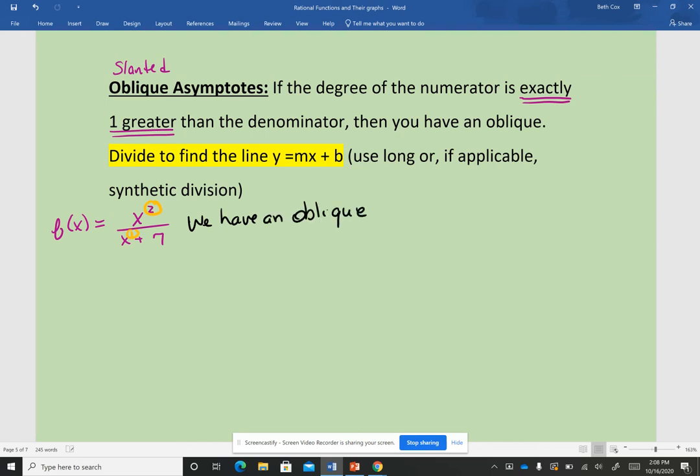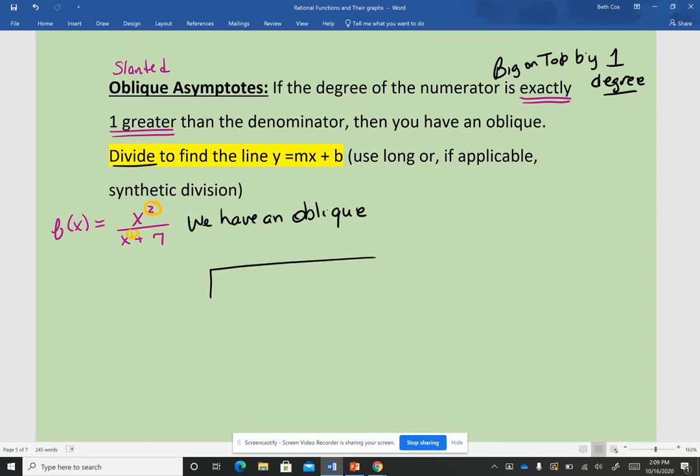Okay, it's big on top by 1 degree. Exactly. Okay, so now how do we find it? It says you have to divide. And it says use long or, if applicable, synthetic division. So we're going to use synthetic division here.